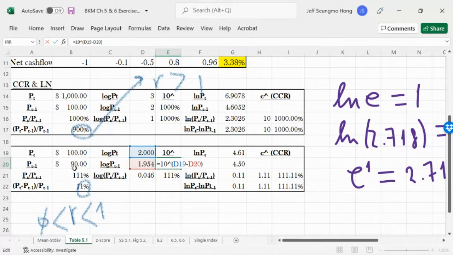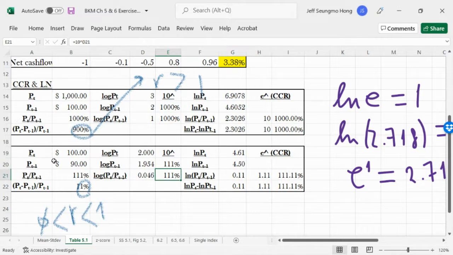That's the exponent of 90 to the base of 10. And if I take the ratio between the two, which is the difference between the two, it's 111%, which is the gross return. And if I do it even this way, the same thing, right? And think about it, this 0.046 is basically the difference between the two, right?